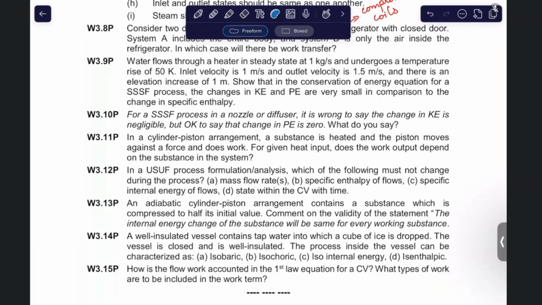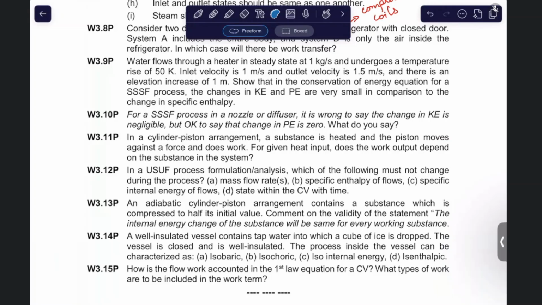The force was given by the expansion of the substance inside the system, and that was moving the piston. The displacement of the piston because of that force was the work that we were calculating.